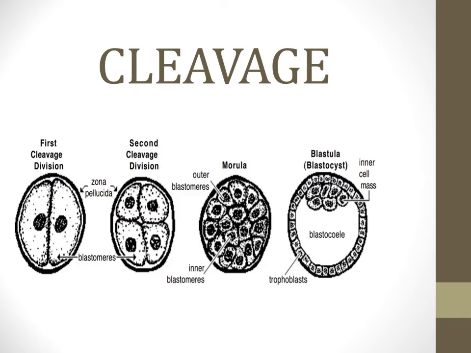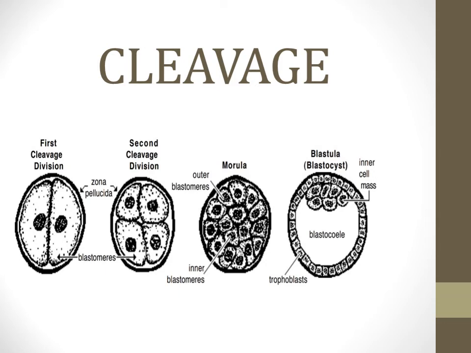This is the first cleavage division, then the formation of 4 blastomeres in the second cleavage division, and then the formation of the morula, in which you can see the outer blastomeres and inner blastomeres, and then the formation of the blastula, the blastocyst.